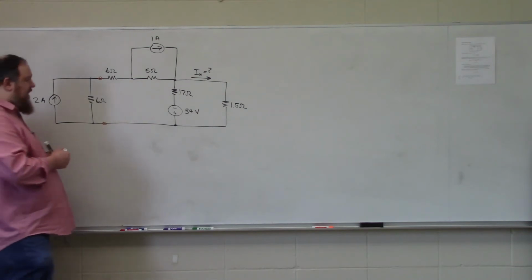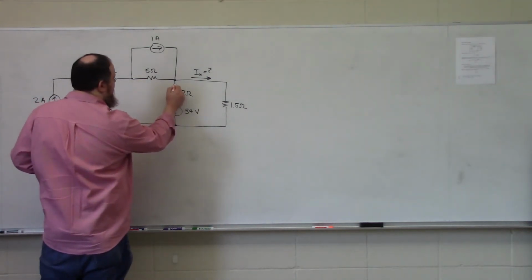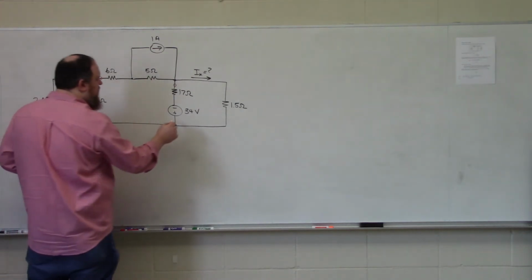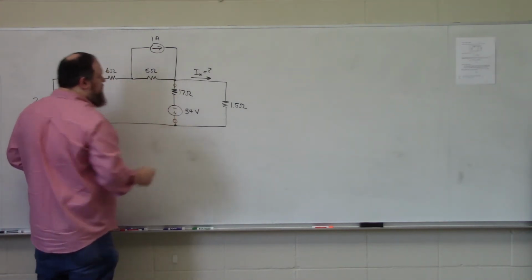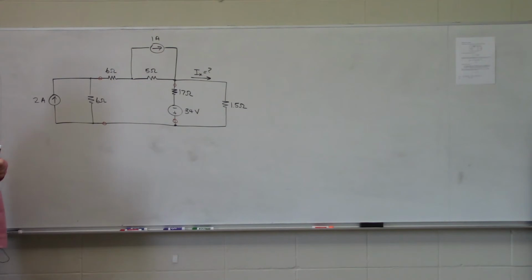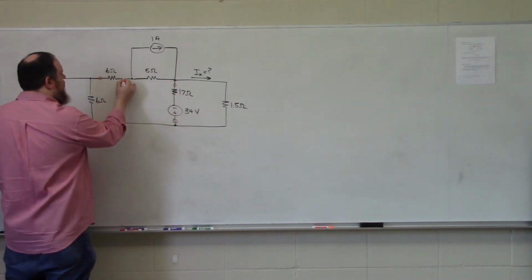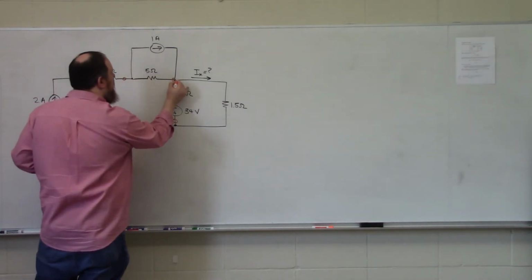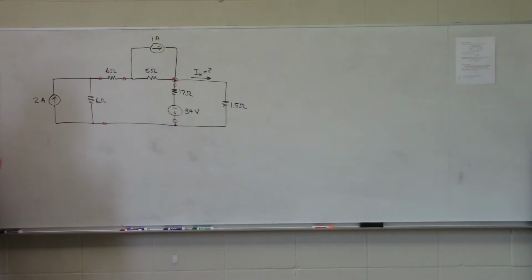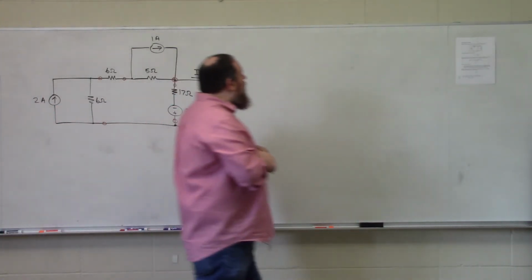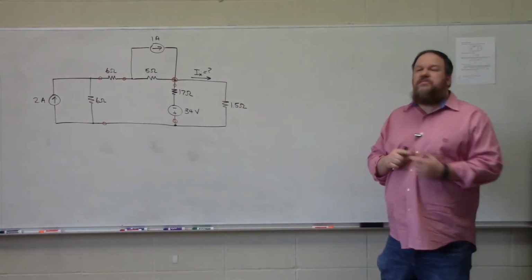I also have a practical voltage source here, a 17 ohm resistor in series with a 34 volt source. And this 5 ohm resistor and this 1 amp source form a practical current source as well. So there are 3 practical sources that I could perform transformations on here in order to simplify the circuit.